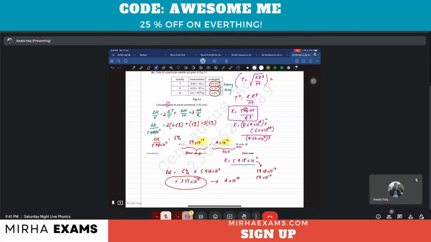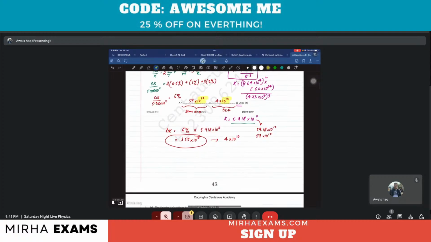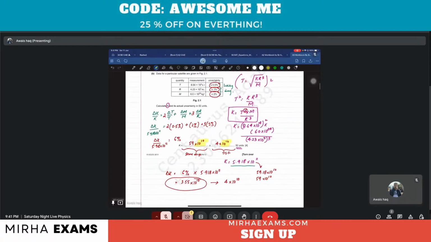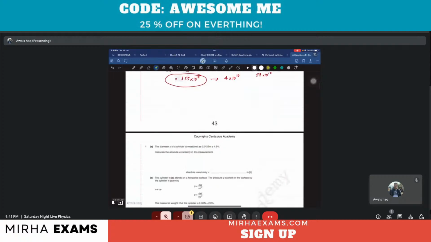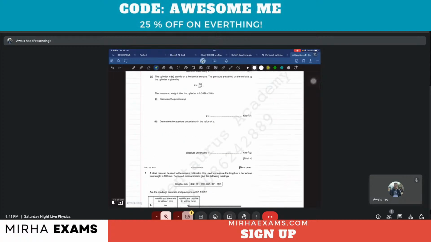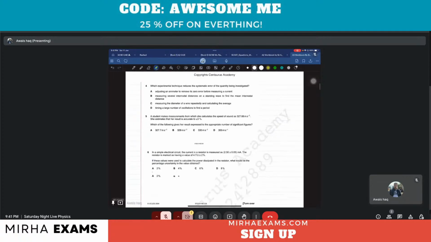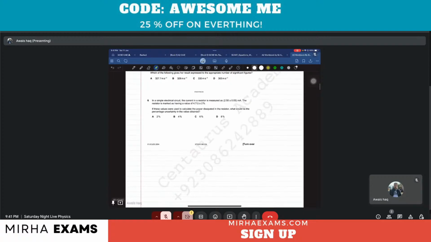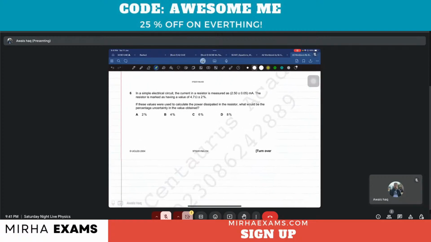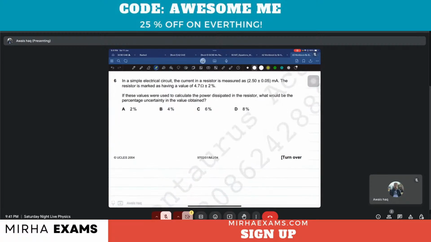So now that we've done this question, let's check out another uncertainty question and see the variation. One of these questions that I want to focus on is where sometimes they are going to give you normal values like absolute uncertainties, and then they're also going to give you some other values with percentages.